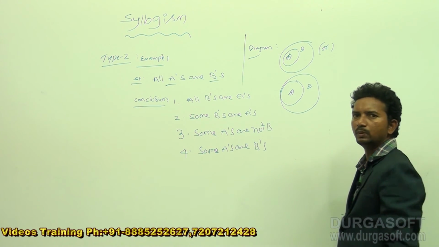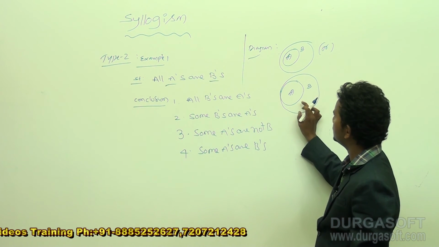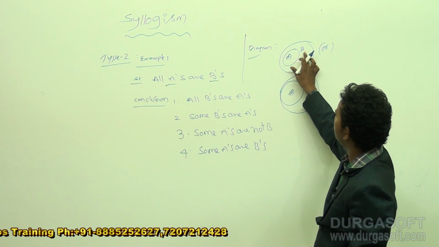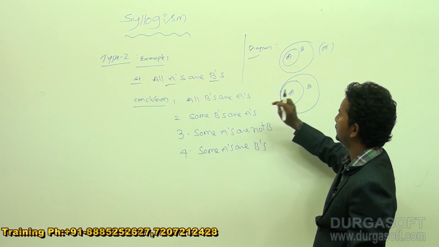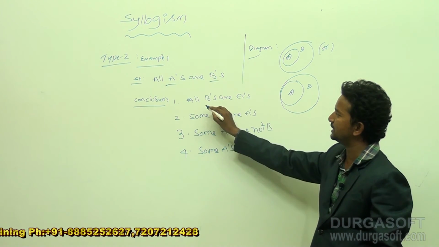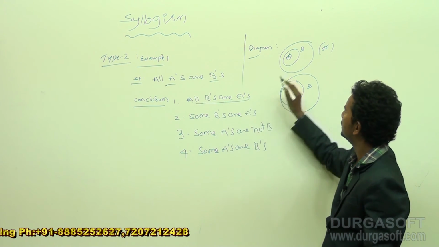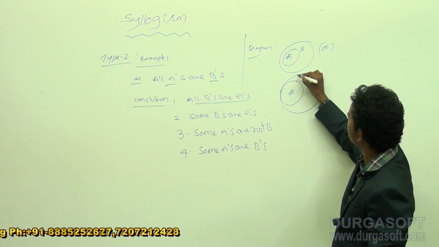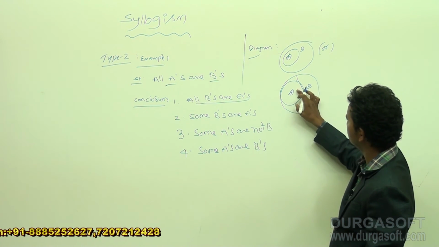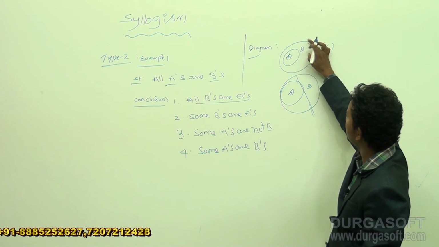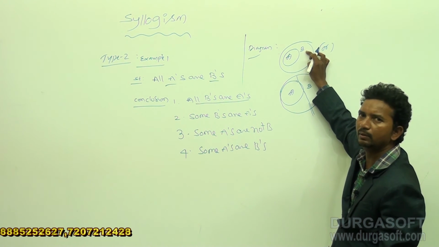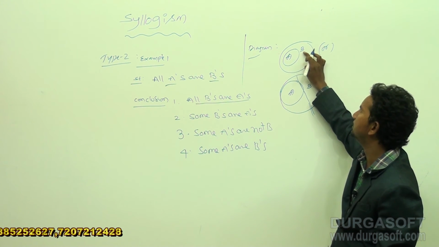Now coming to this one, all A's are B's, I am taking the diagram. But my conclusion is all B's are A's. Only some follow here, but not all follow here. See, B is there here, but here all A's are B's, but not all B's are A's.